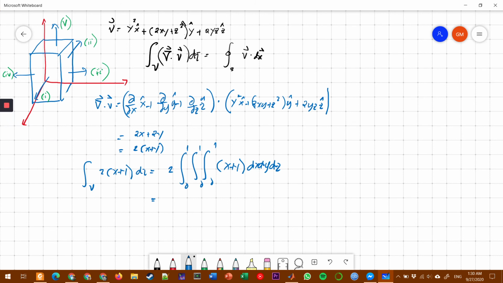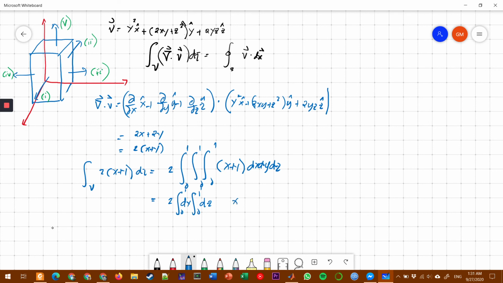So evaluate the x first, so this is dy dz from 0 to 1. Then evaluate the x.